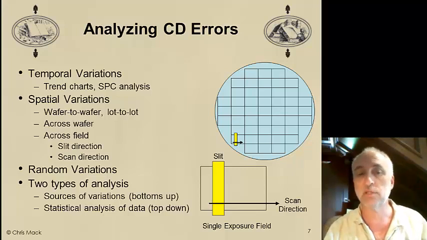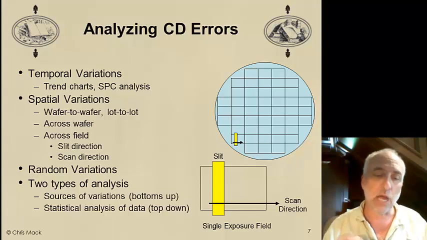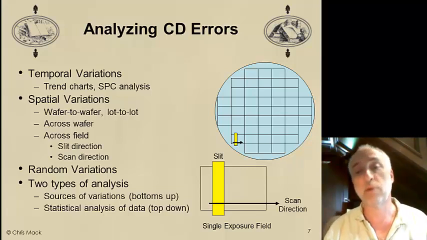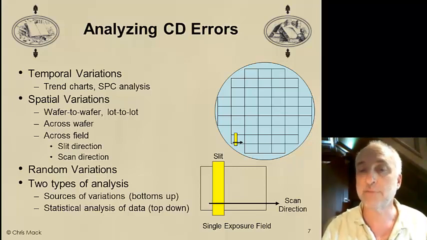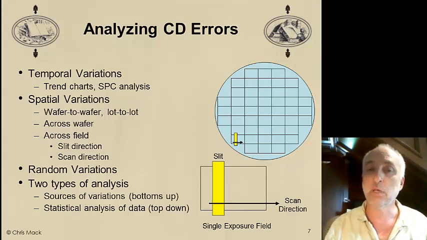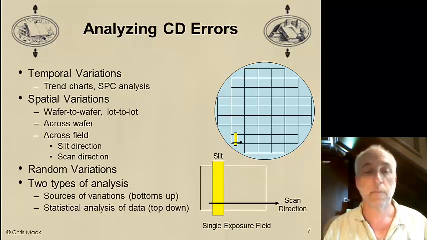Bottoms-up analysis is the sources of variation. Instead of looking at the final answer, I look at the inputs to the process and try to understand where variations in the inputs come from. I measure the temperature variation across a hot plate. I measure the etch rate variation within a chamber.